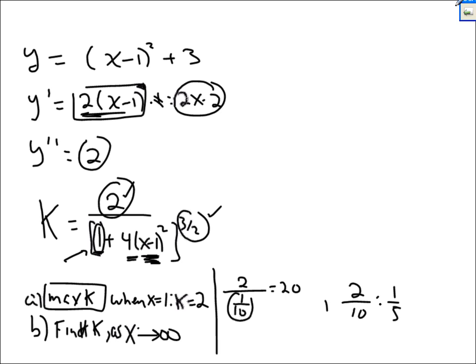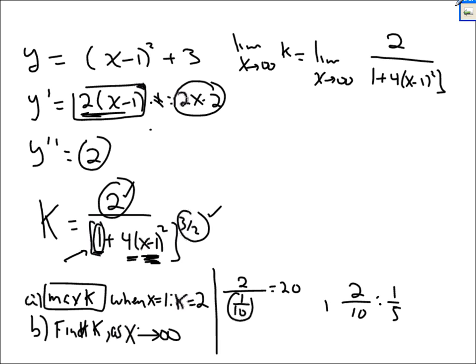Okay, now we want to find the limit as x goes to infinity of k. The k happens to be 2 divided by 1 plus 4 times x minus 1 squared to the 3/2. Limits are very friendly.